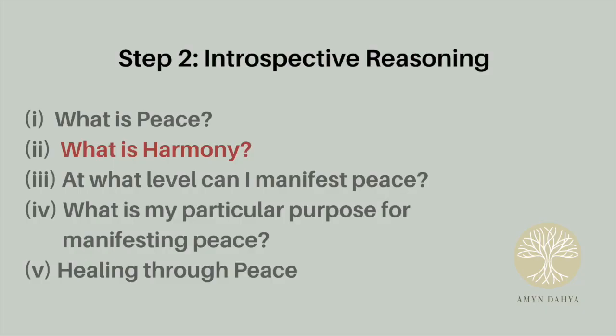As we try to understand peace, it is also important to recognize the important role that harmony plays in achieving peace. And according to the published literature, harmony is defined as an orderly or pleasing combination of elements in a whole. Or a relationship where various components exist together without destroying one another.